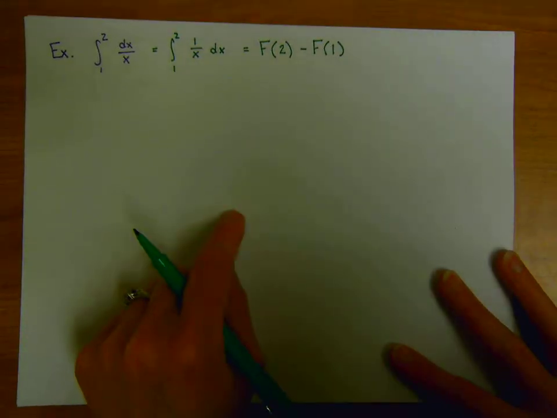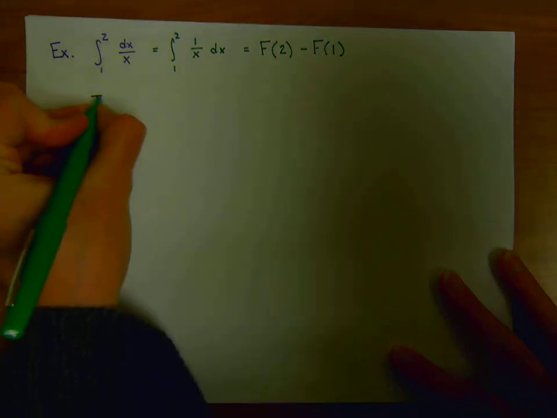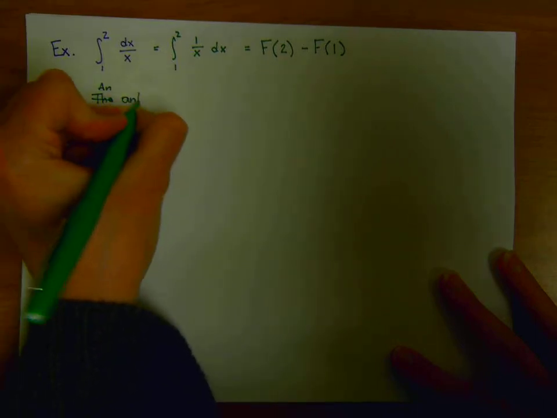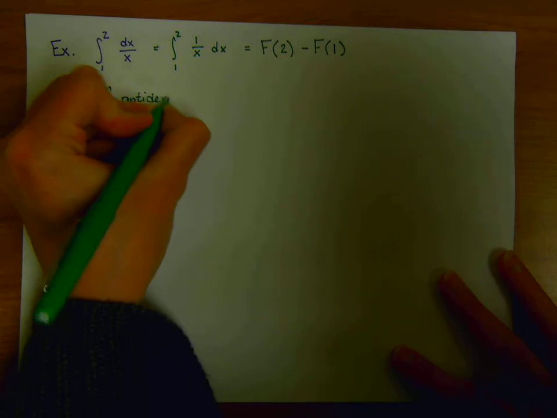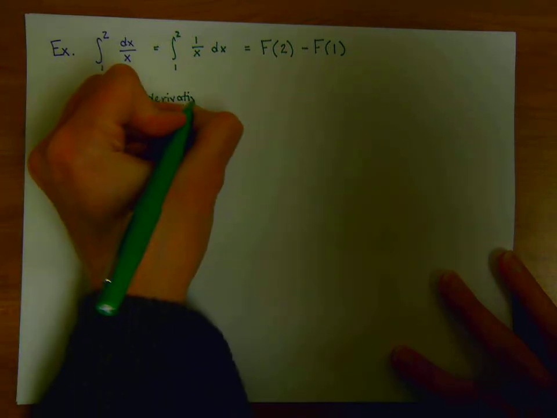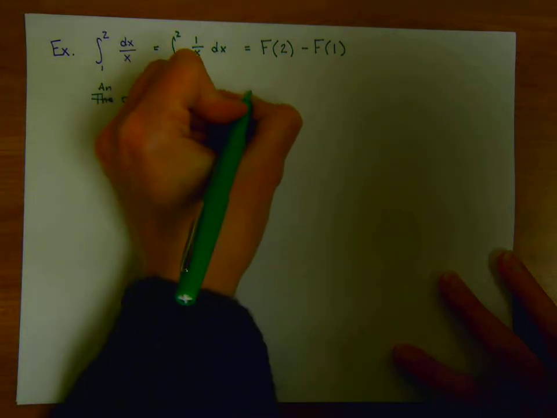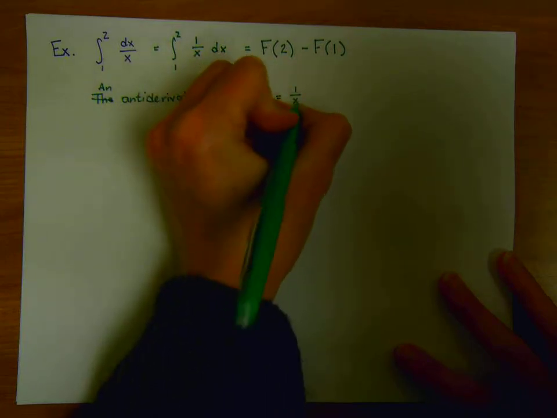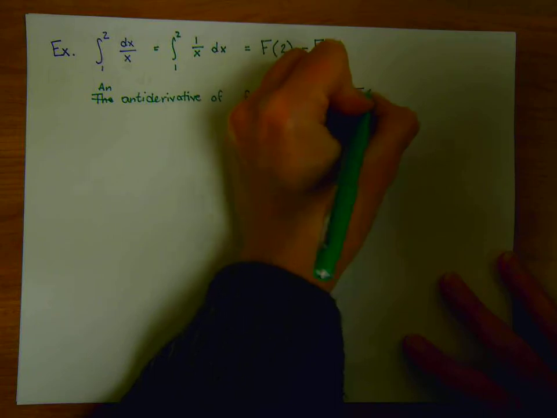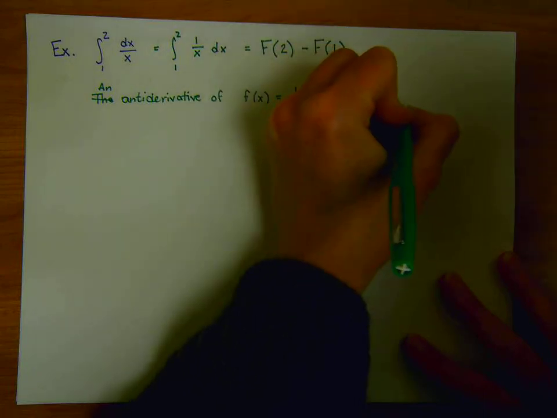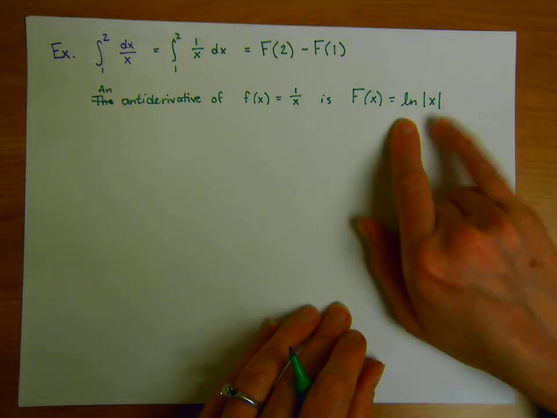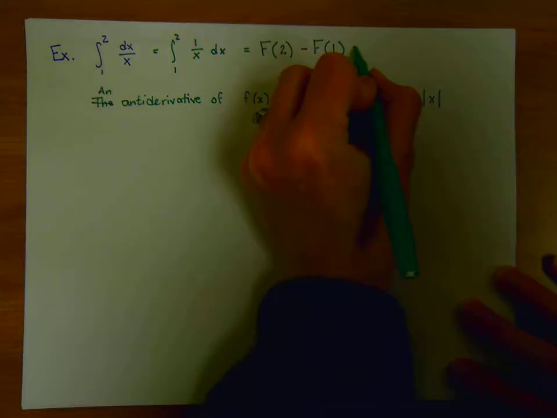And we talked about in a previous video that an antiderivative of the function f of x equals 1 over x is the function natural log of the absolute value of x. So I know that's the function.